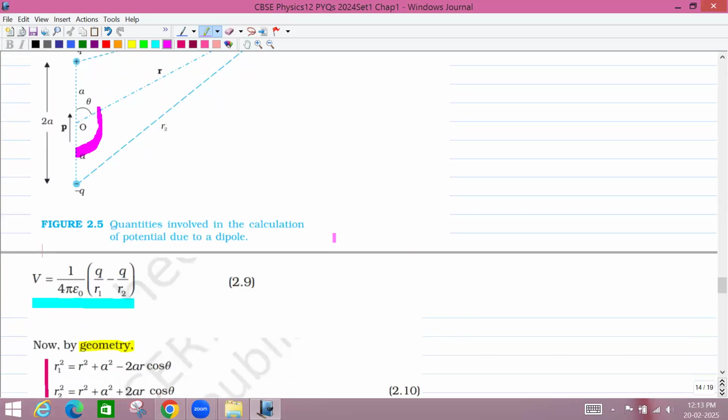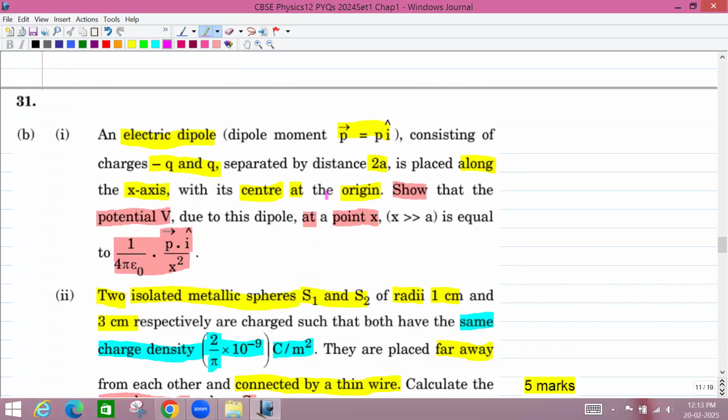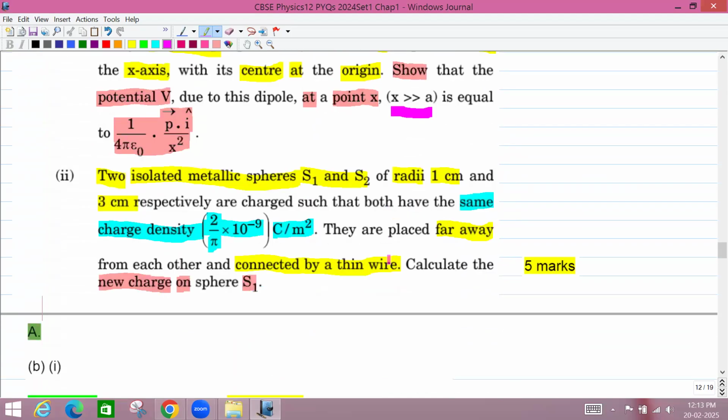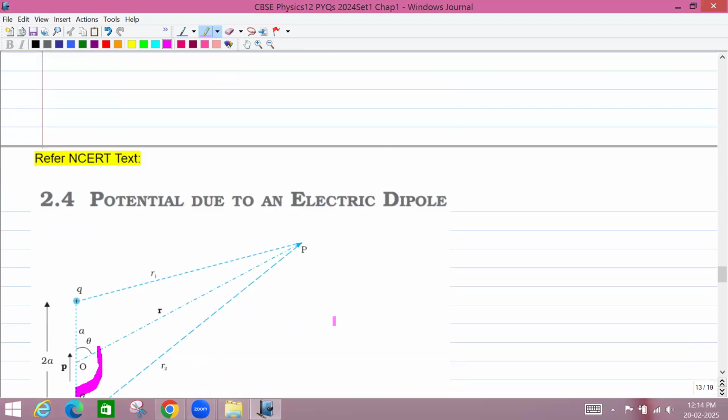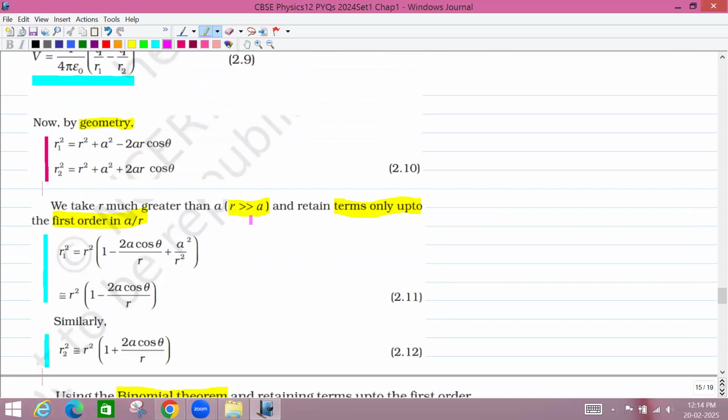And we have to use the dipole approximation, which is that the size of the dipole is much smaller compared to the distance where you're finding the potential. So that means r is much greater compared to a. So that means a by r is delta, a very small quantity.